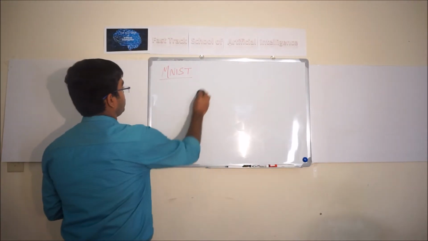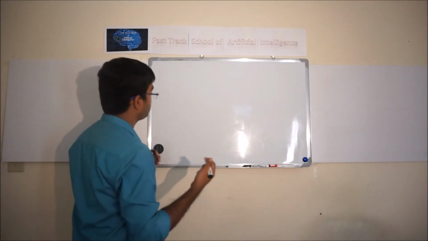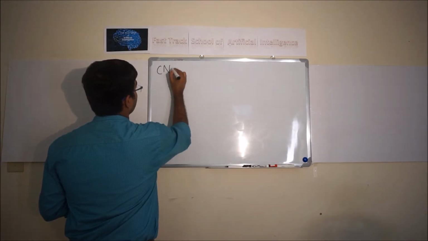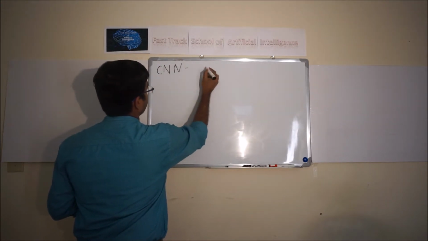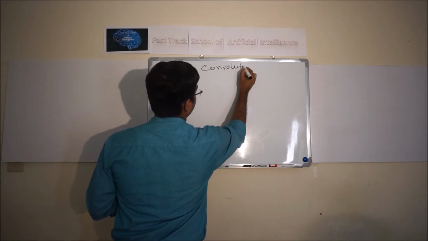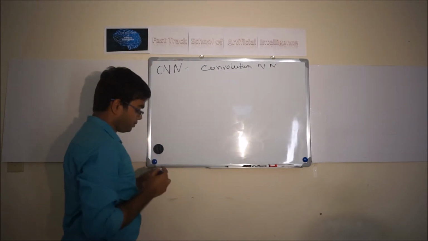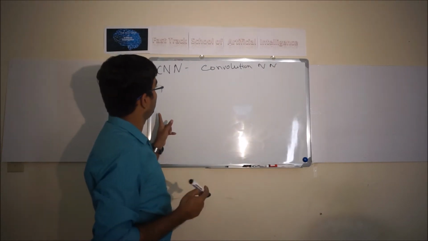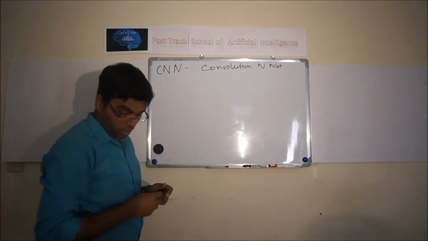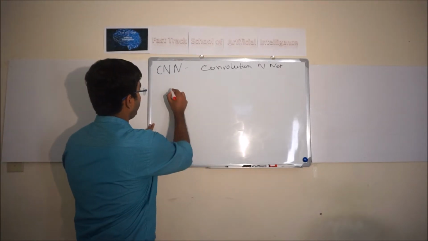We are going to use the same data set for this CNN. Convolution neural network. Alright, so what happens here? Suppose you have one image.